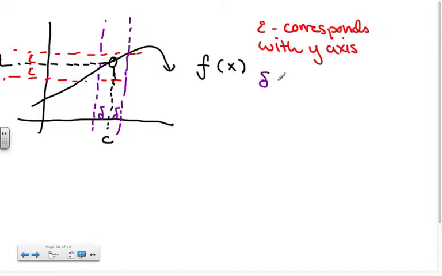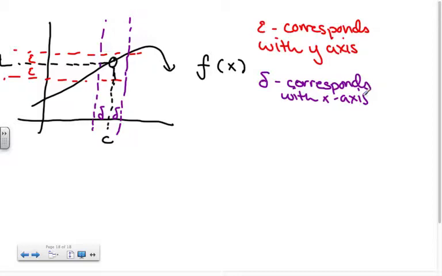Delta corresponds with the x-axis. The idea is if there's an interval on the x-axis, there's an interval on the y-axis. And the converse is true. If there's an interval on the y-axis, there must be an interval on the x-axis.